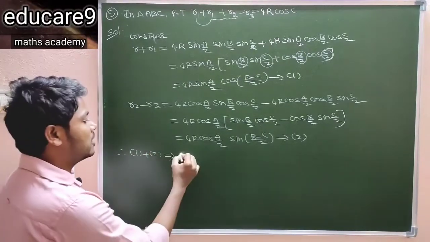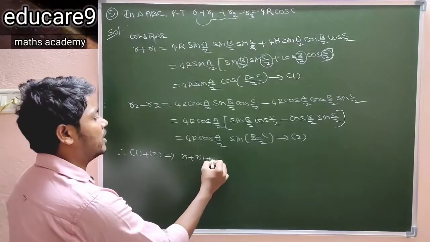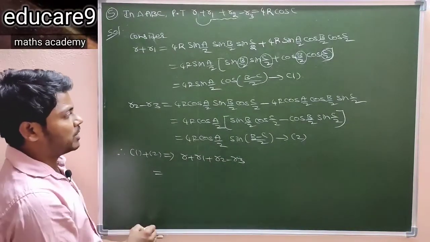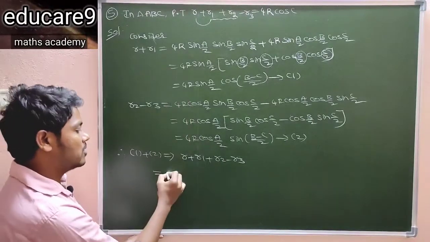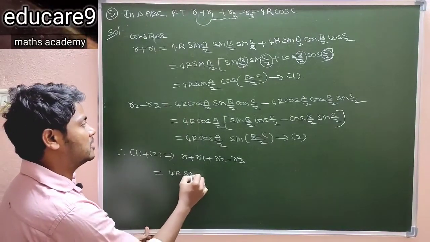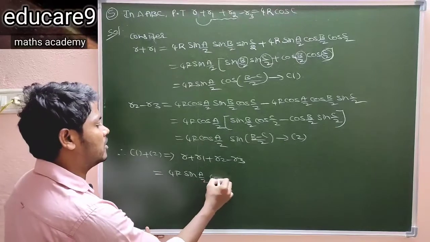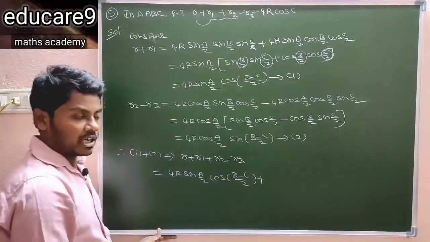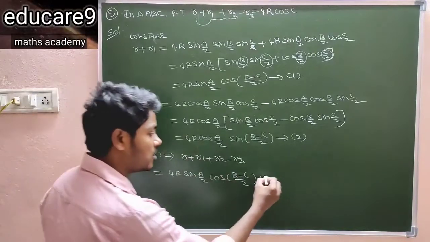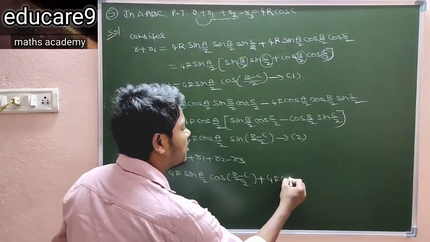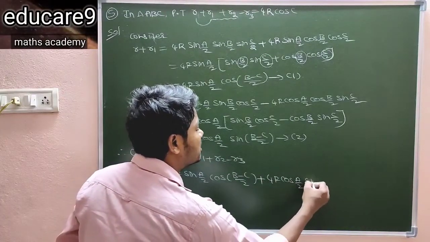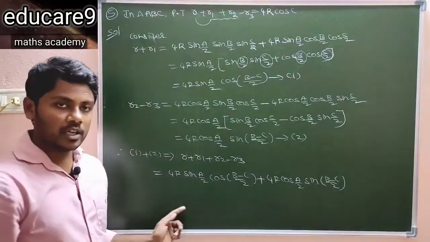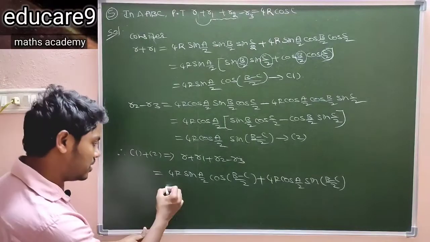So what is that? r plus r1 plus r2 minus r3. Here r plus r1, this one, 4R sin A by 2 cos of B minus C by 2, plus r2 minus r3, this one, 4R cos A by 2 sin of B minus C by 2. In both terms 4R is common.